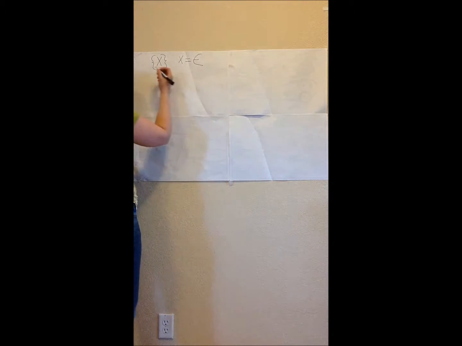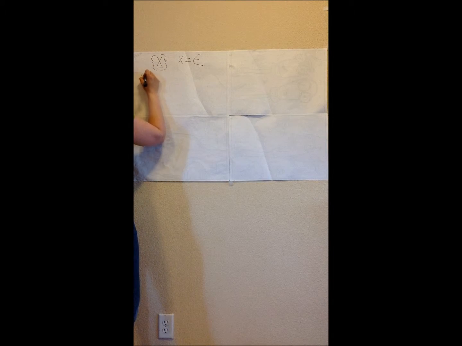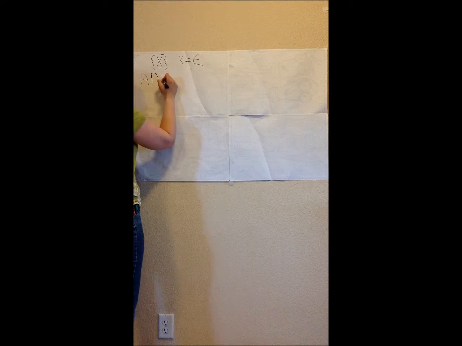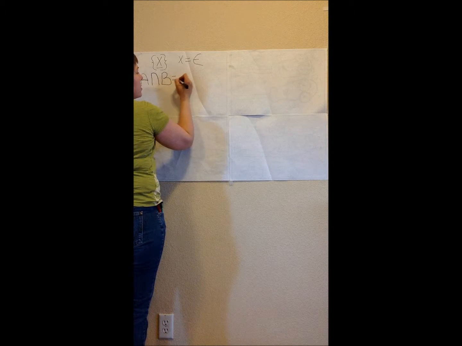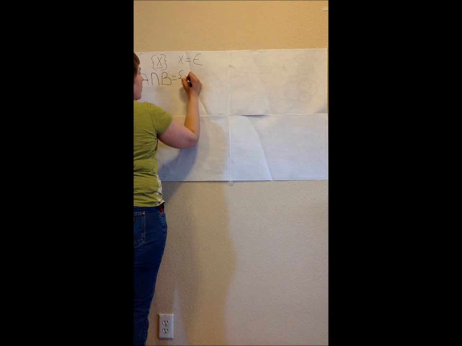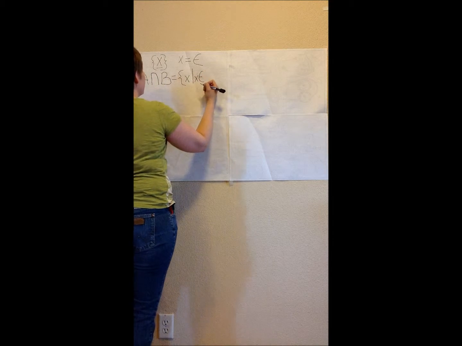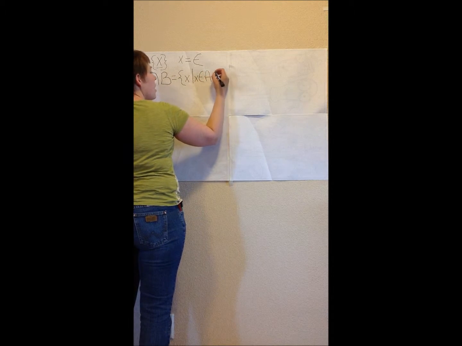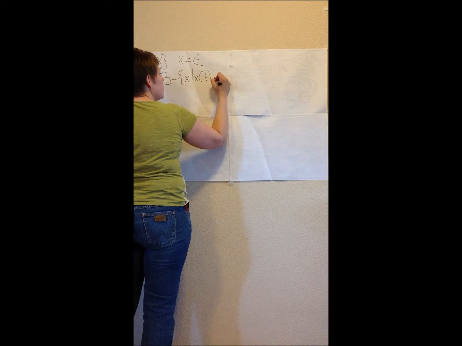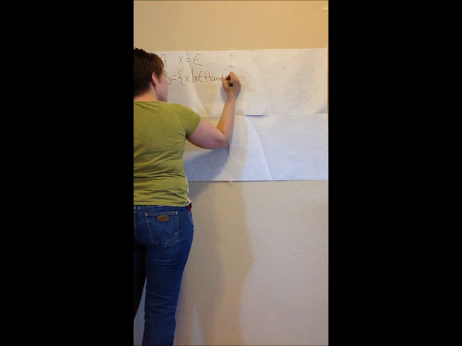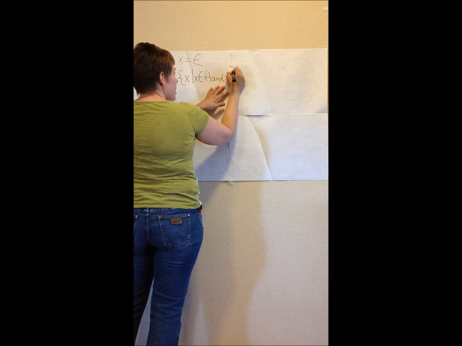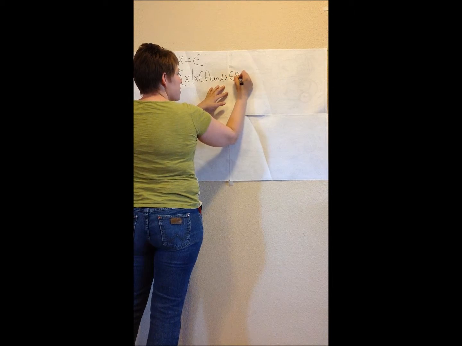That is represented by the formula A intersection B, represented by an upside down U, is equal to the element X, where X is an element of set A and X is an element of set B.